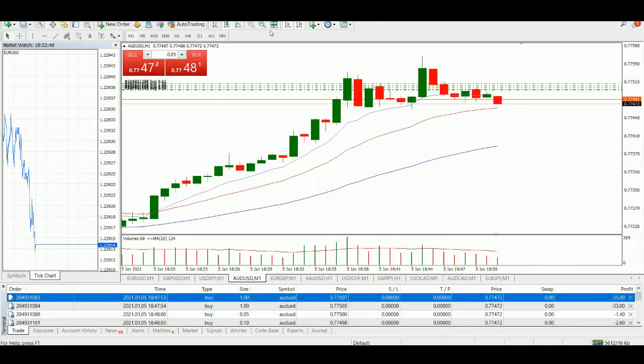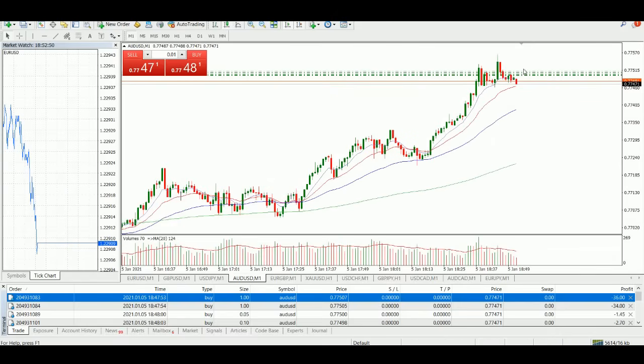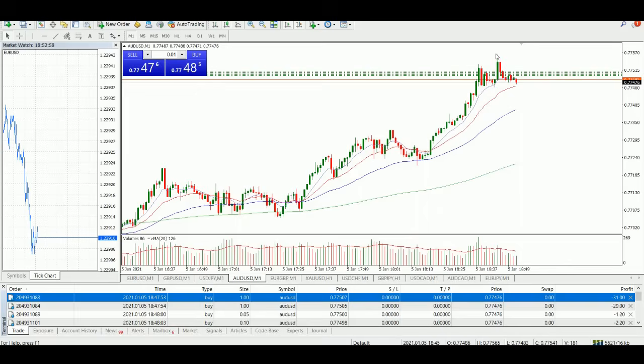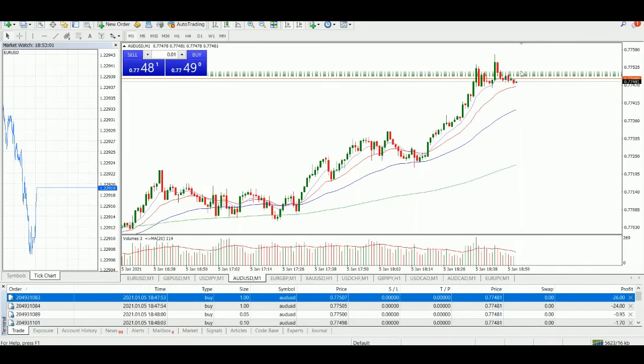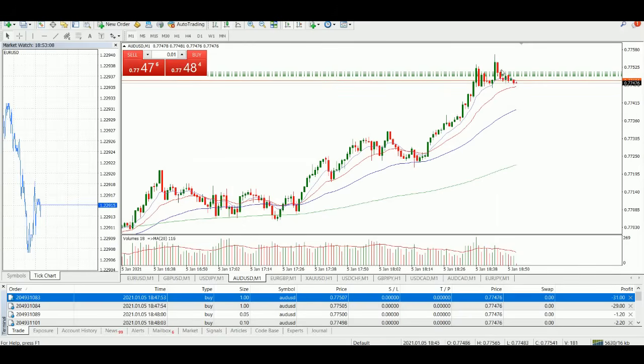We are still going sideways, but here in price action you have to pay attention. We are trying to create a head and shoulders pattern. This is the first shoulder, this is the head, and if the price creates another shoulder here, the right one, it would be a head and shoulders pattern, indicating that the market is about to reverse from an uptrend to a downtrend.